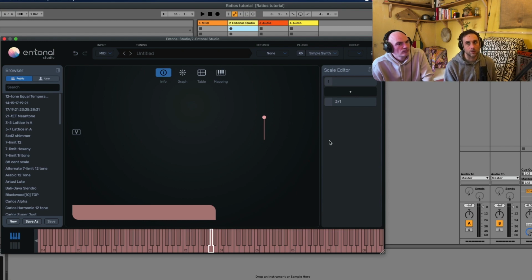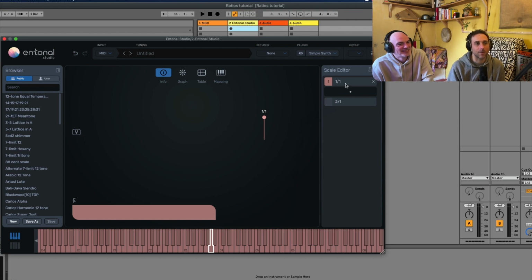So ratios are a different way of describing an interval in a scale. Here the scale only has one note, one note per octave, nothing else.